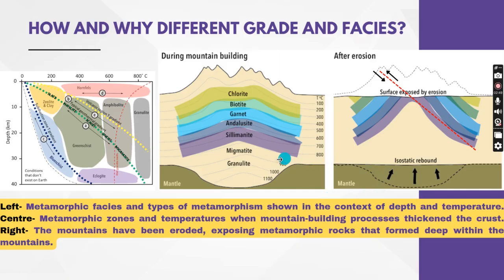How is it possible? See, simple thing, let me show you the basic concepts of grade. Because of the geothermal gradient, this is the normal geothermal gradient, pressure and temperature conditions increase, and due to the changing stability field from chlorite, then biotite, garnet, and so on, in undisturbed terrain, zones can be specified.